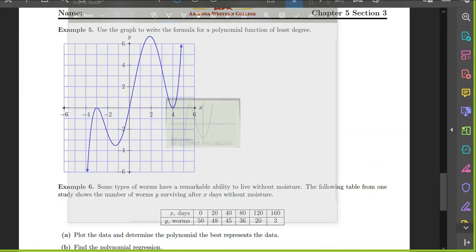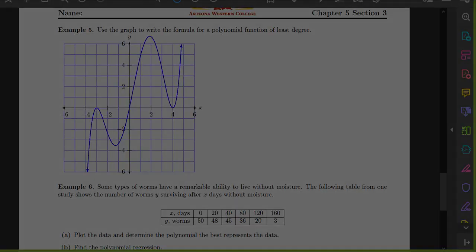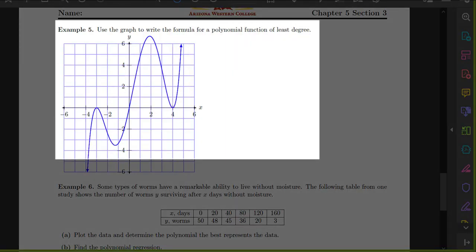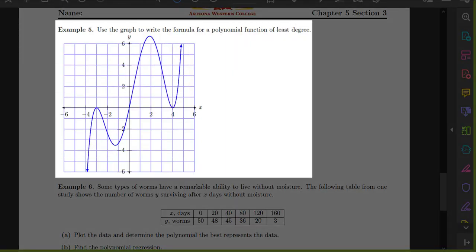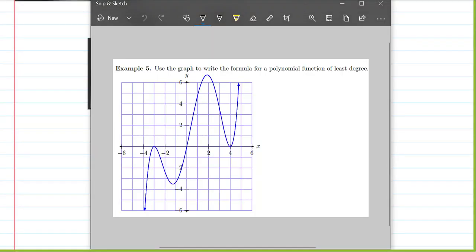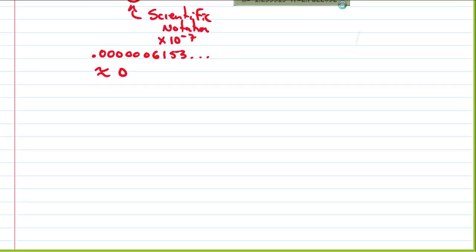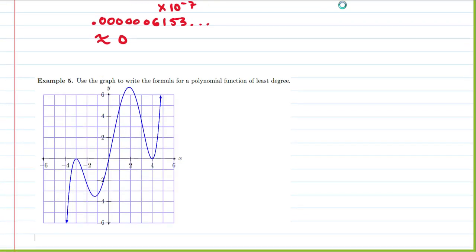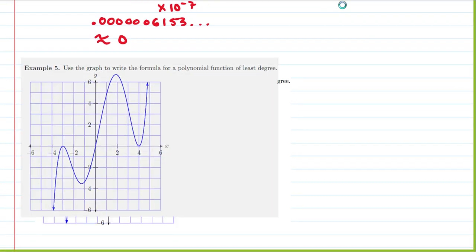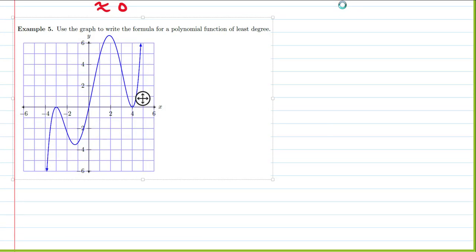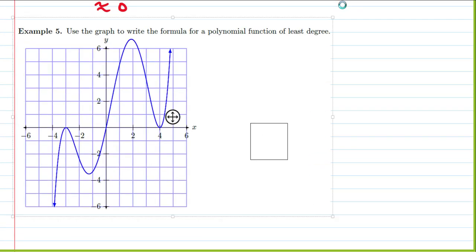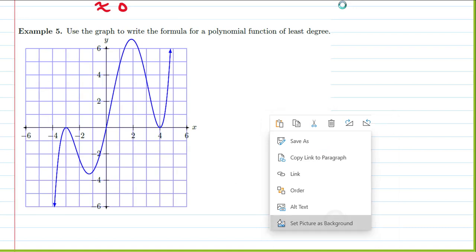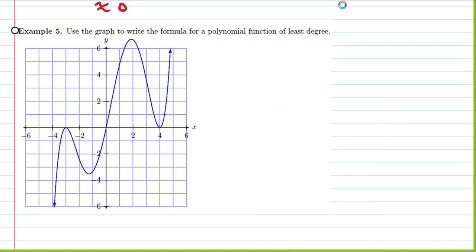All right. So let's take a look at our next example. So example 5 says, use the graph to write a formula for a polynomial of the least degree for this picture.